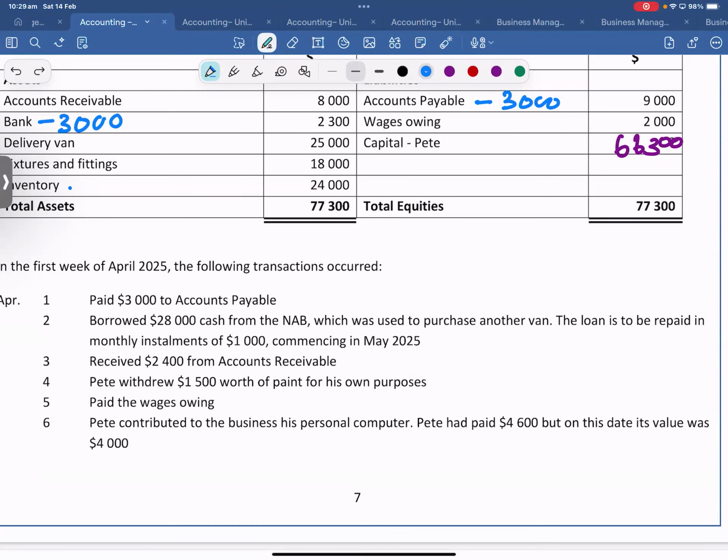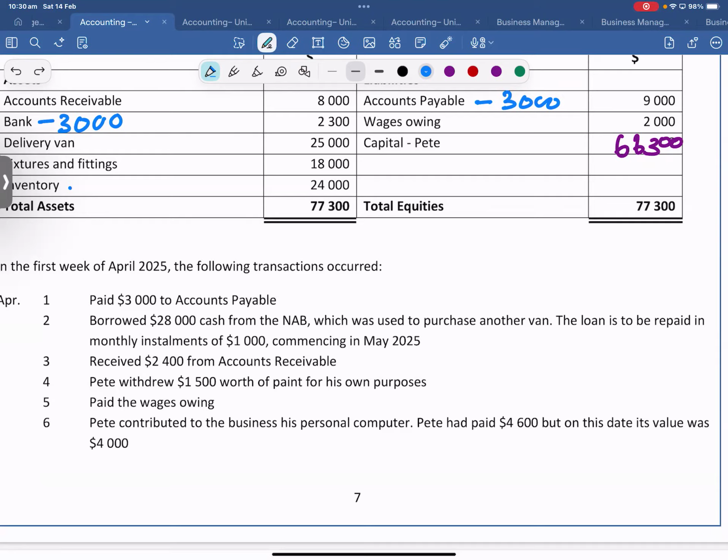But what is your inventory? Inventory is when, let's say, you have a grocery and you purchase groceries, that's your inventory. Let's say you have a car sale. What is your inventory? Cars, right? You have a furniture shop, furniture.